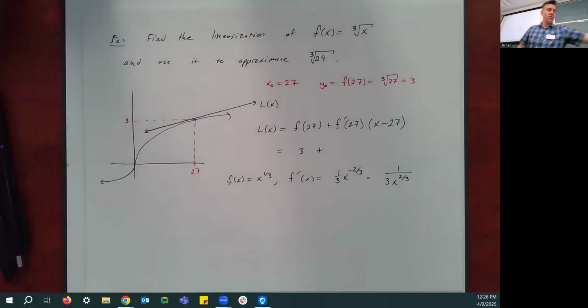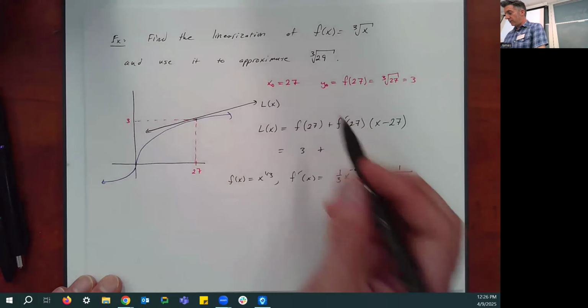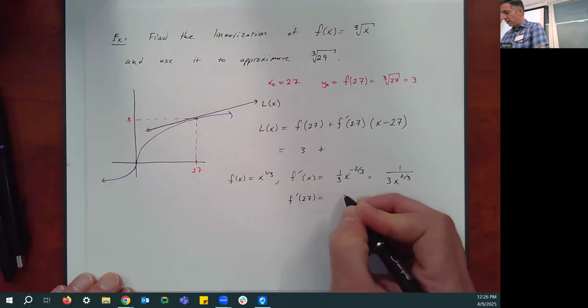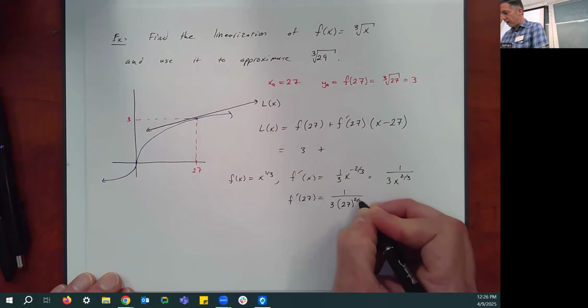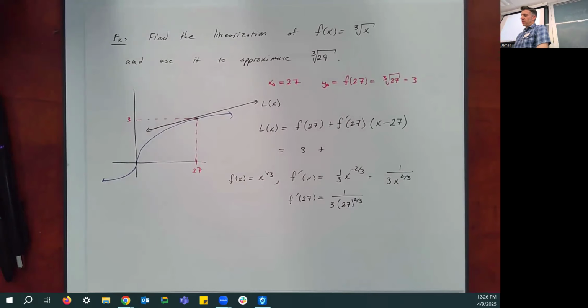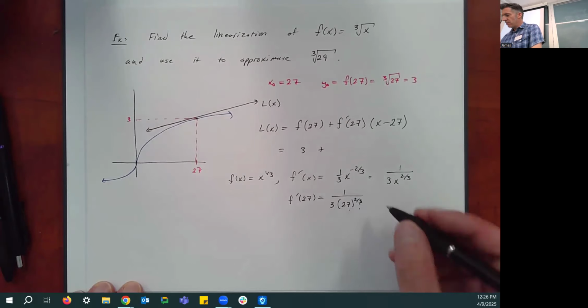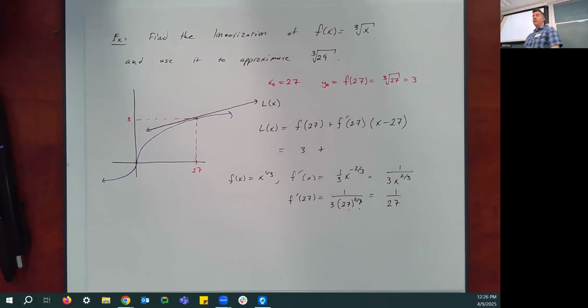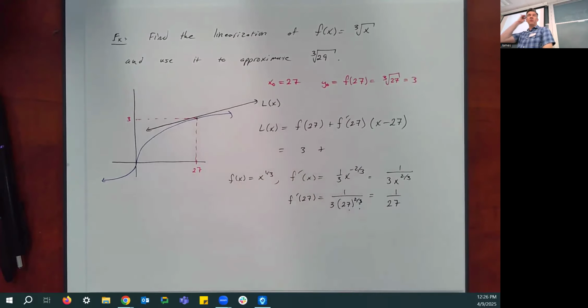So if I plug in my nice value, 27, f prime of 27 is going to be 1/3 times 27 to the 2/3 power. 27 to the 1/3, or the cube root of 27, is 3. 3 squared is 9. 9 times 3 is 27. I didn't really want to get 27 again, but oh well. So that's my slope. At this point, the slope of that tangent line is 1/27th.